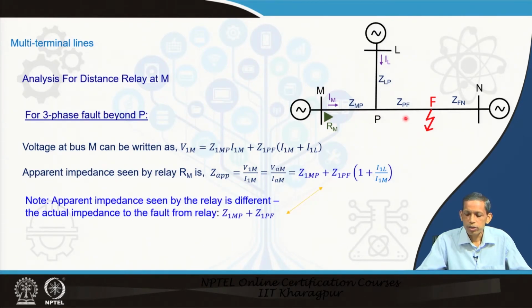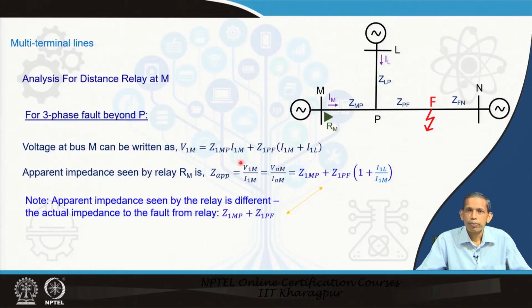So, with that difference, if we see the drop from F to P for the 3 phase fault, that becomes I1M plus I1L current with the associated impedance Z1PF, plus we have Z1MP times I1M. So, that is the voltage Vm for the 3 phase fault.